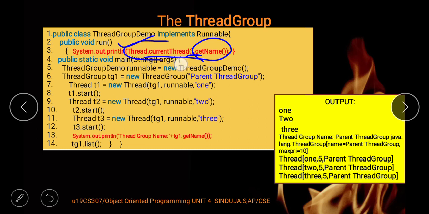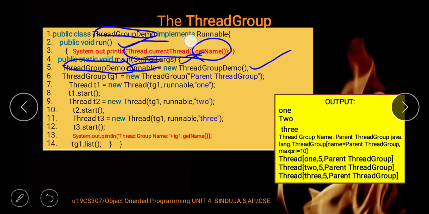So I start with the void main function. I told you in Java I have a class called ThreadGroupDemo. Under that I'm going to create an object of the Runnable class, so I just call the constructor. I create an object for the class I have created now.